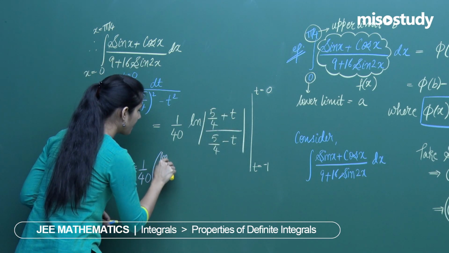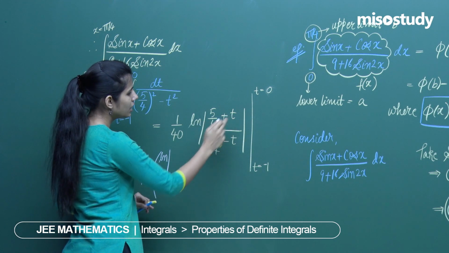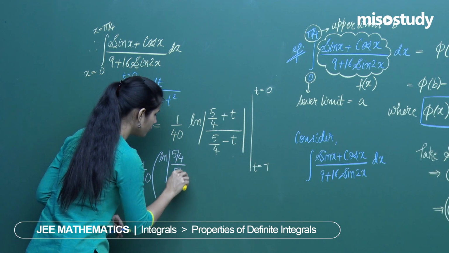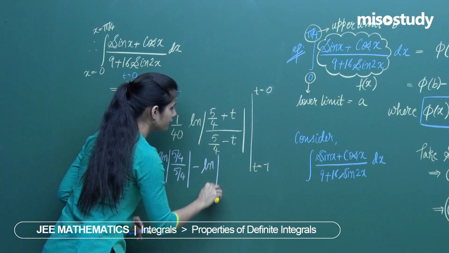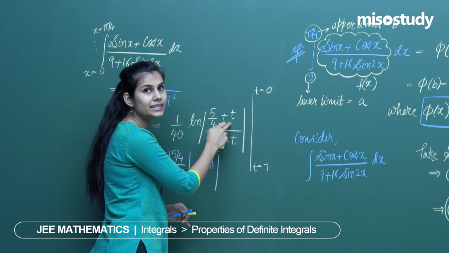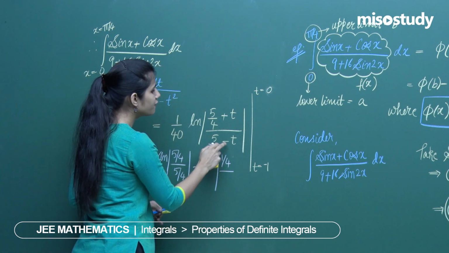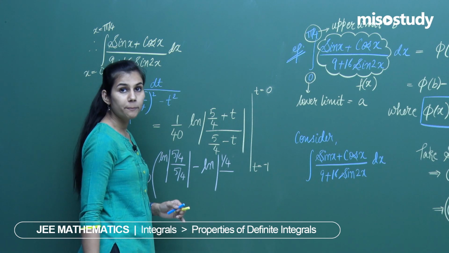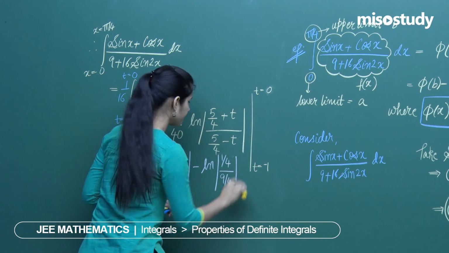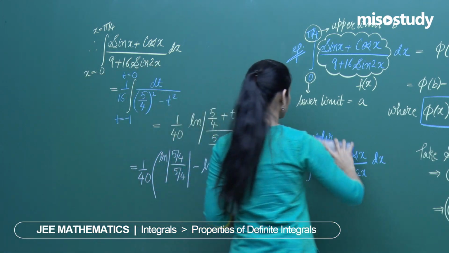Ln of mod of 5 by 4 plus 0 upon 5 by 4 minus 0, which is 5 by 4 upon 5 by 4, minus ln of 5 by 4 minus 1, which is 5 minus 4 by 4, which is 1 by 4, upon 5 by 4 minus of minus 1, which is 5 by 4 plus 1, which is 5 plus 4 by 4, that is 9 by 4. Right? So, this becomes eventually equal to what? Let us see.